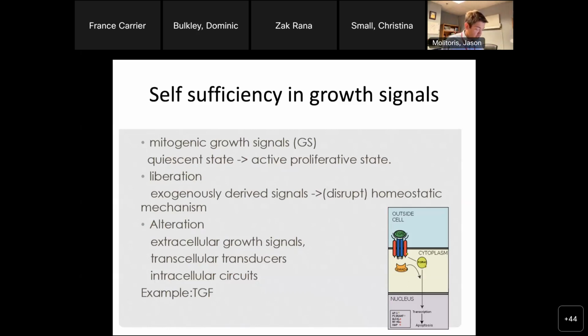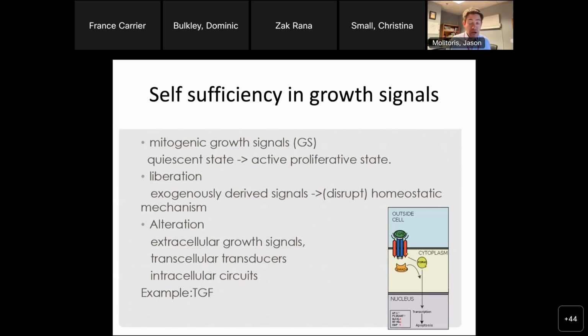Self-sufficiency in growth signals. An example of this is TGF-beta. TGF-beta can stop the cell cycle in the G1 phase and induce differentiation or promote apoptosis. So this is an external signal that can tell other cells, hey, stop, slow down, don't grow, or differentiate from a pluripotent cell to an end-of-line cell that then may not have a lot of the other machinery that's required for malignant transformation.